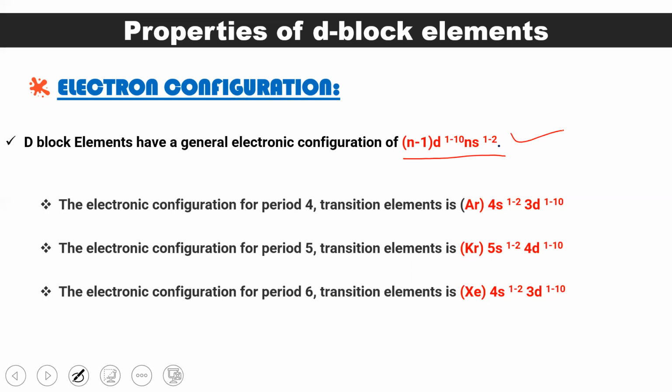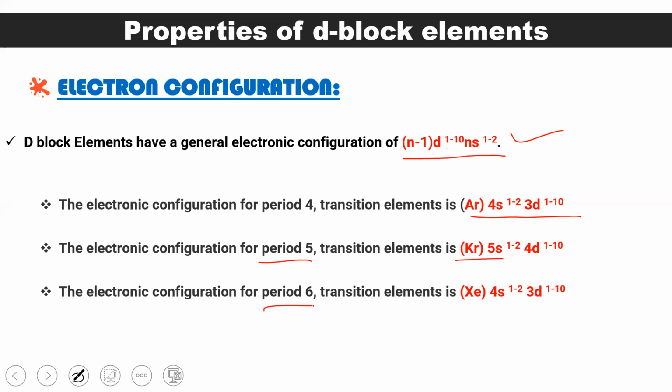If you see the electron configuration for period 4, it begins with argon, 4s 1 to 2, 3d 1 to 10. Coming to period 5, up to krypton the electron configuration is the same, and after that the outermost electron configuration is 5s 1 to 2 and 4d 1 to 10.